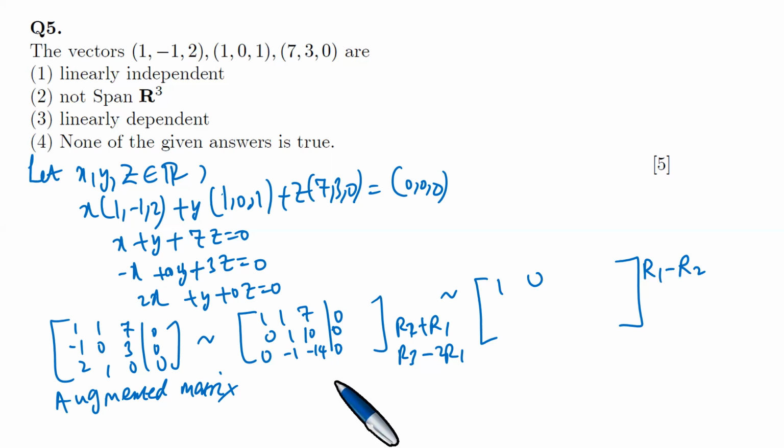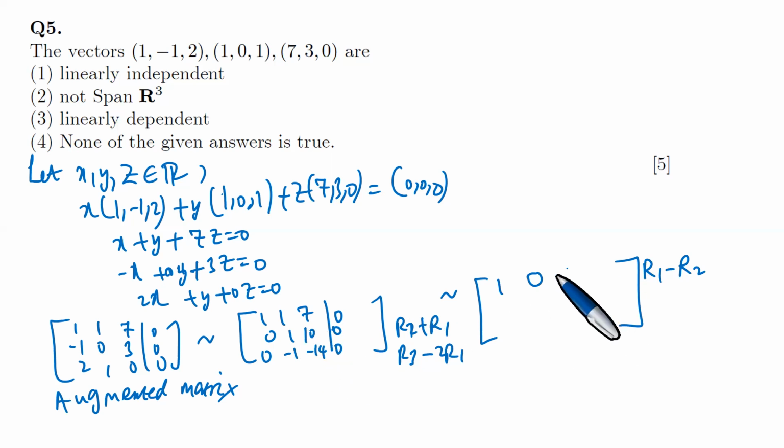All right. So we have this. So that's row 1 minus row 2.